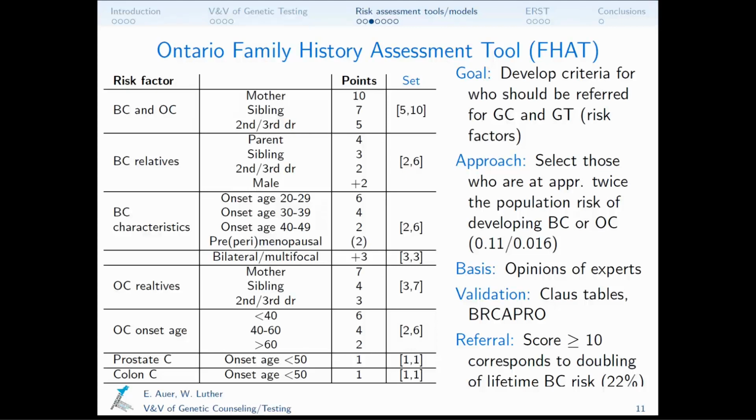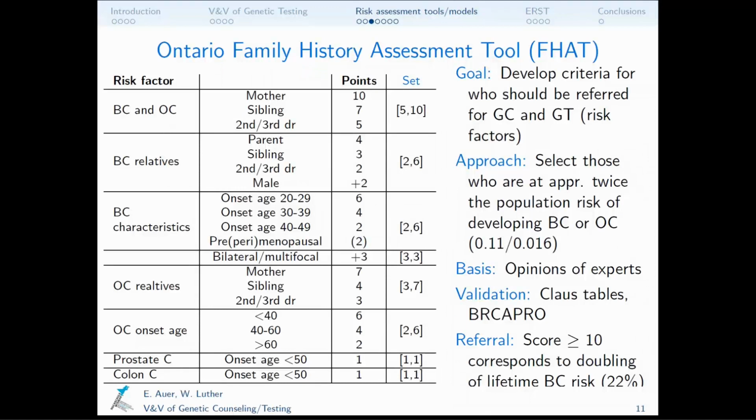So there are several kinds of points that are given for each risk factor. The approach was to select those who are at approximately twice the population risk of developing breast cancer or ovarian cancer. The basis for the development were the opinions of experts.